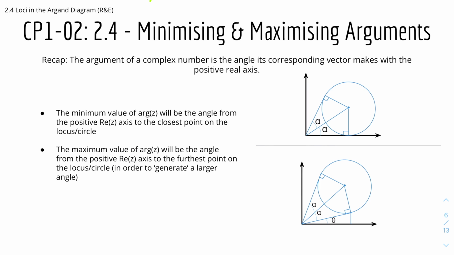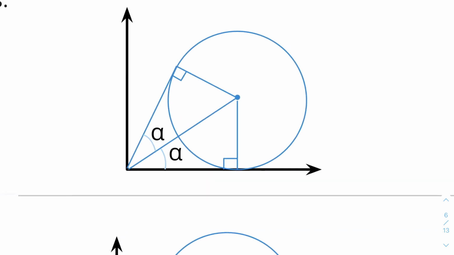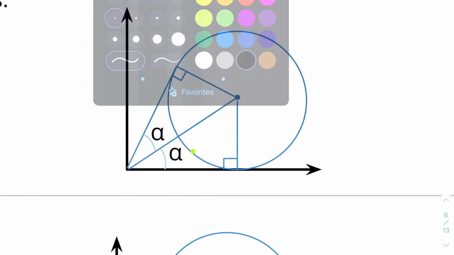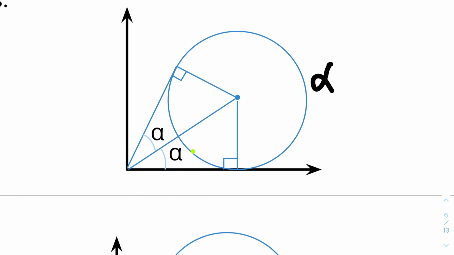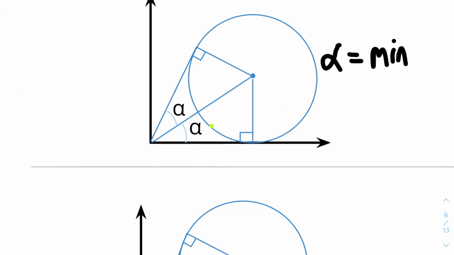So here we have two examples, two diagrams. We can see that in one the circle touches the real axis and in the other it doesn't. For the one that touches the real axis, this angle right here will be the minimum argument. So basically alpha equals the minimum argument, and 2 alpha, the whole angle right here, is the maximum argument.